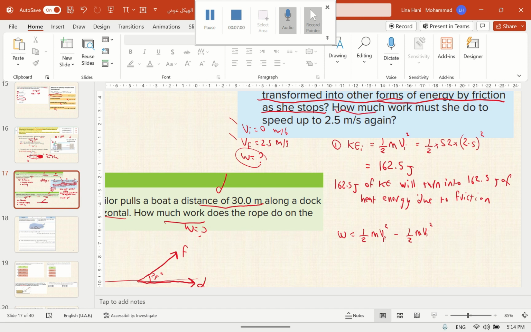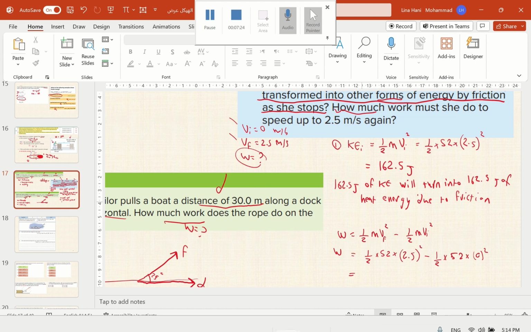Well, we need to use the work energy theorem. The work equals half the mass of this person, which is 52, times the final velocity 2.5 squared, minus half times another mass, excuse my handwriting, 52 times the initial velocity 0 squared.